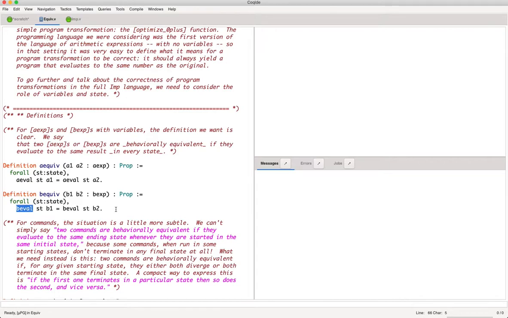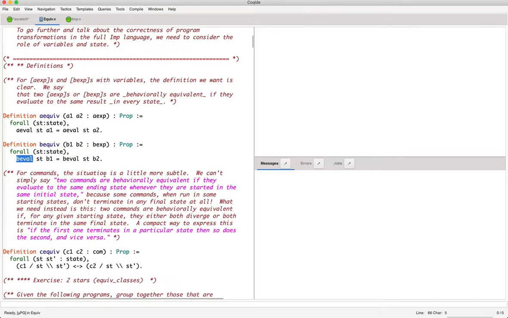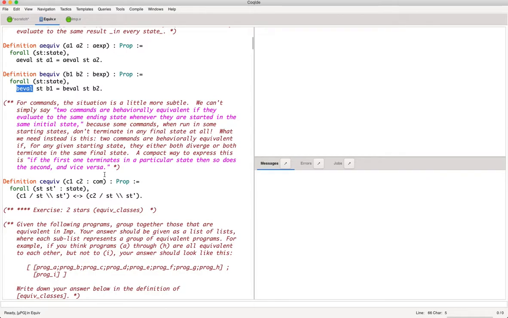And in some sense you could say if a statement or a command always doesn't terminate, then it would only be equivalent to other things that never terminate as well. So the definition of the equivalence for commands is a little bit more subtle because it has to say something about the termination of this thing, whereas in the expression cases they always terminate, right? There's no possibility for an expression to just keep running forever.